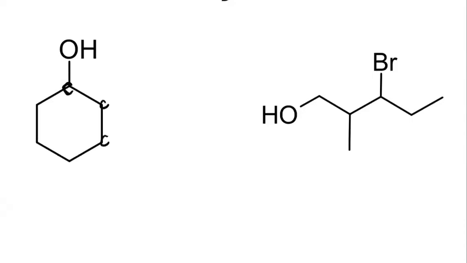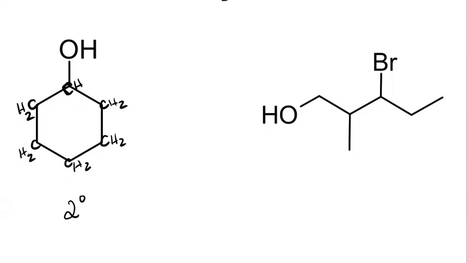I'm going to write in the carbons within the cyclic system. The carbon that is holding the OH is a CH group, while the rest of the carbons are CH2s to complete their octets. When I inspect cyclohexanol, I can observe that the carbon that has the OH is connected to 1 carbon chain, 2 carbon chains. So cyclohexanol is an example of a secondary alcohol.